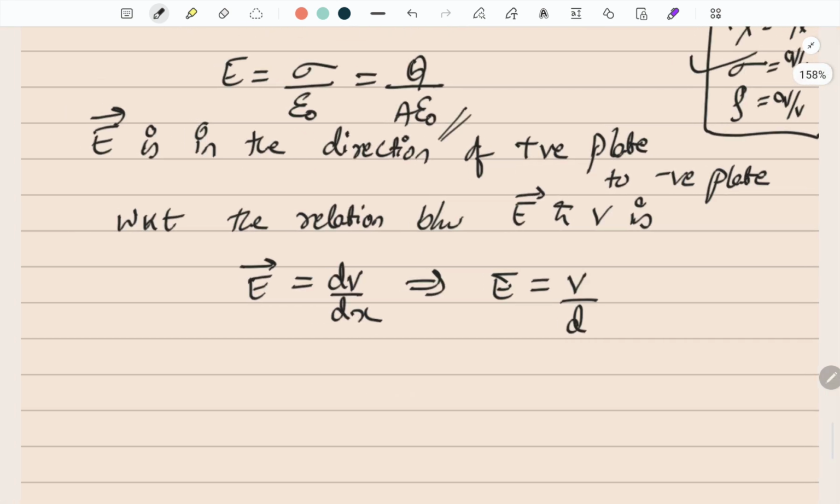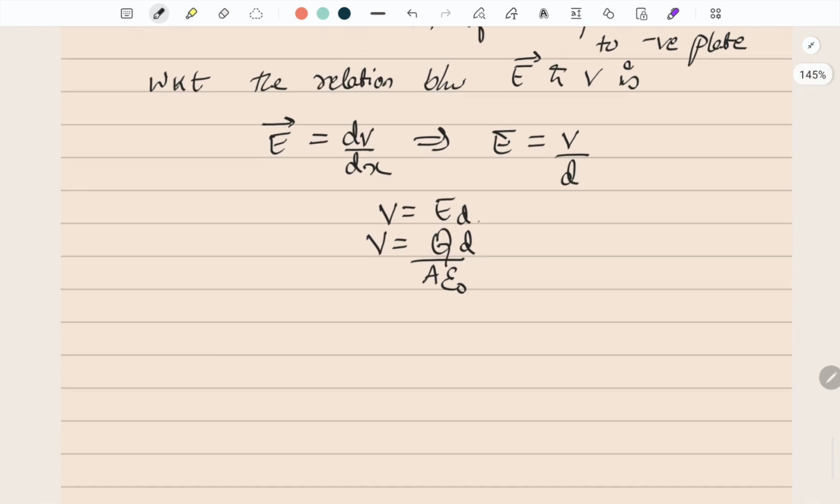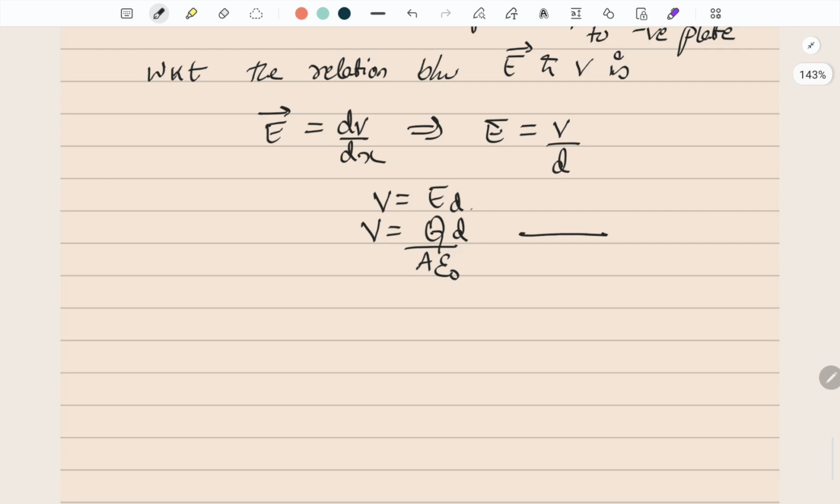According to the diagram what we have drawn, I am writing E is equal to V by D, or V is equal to E times D. Instead of E I can write Q by A epsilon naught times D. So you get QD by epsilon naught A. This is the formula for the potential that we have got.